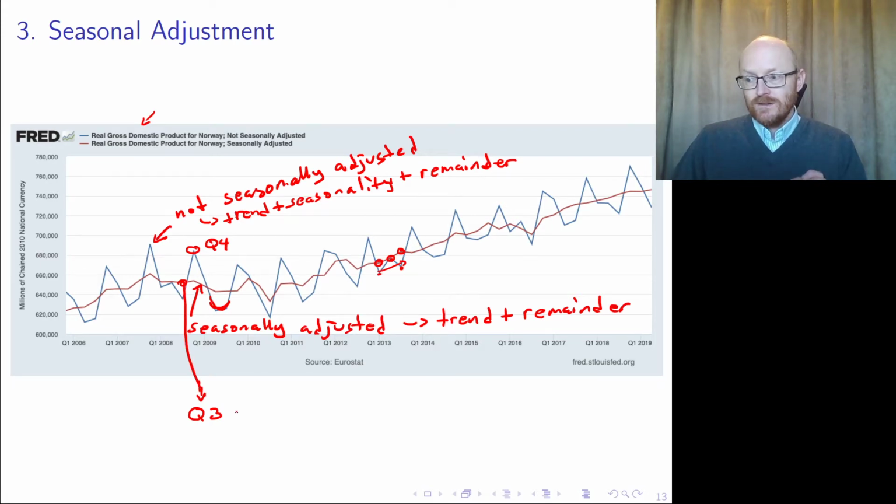Then you would use the values in front of this Q3 and behind this Q3. So you would use values in the past and in the future of this Q3 to make the seasonal adjustment.